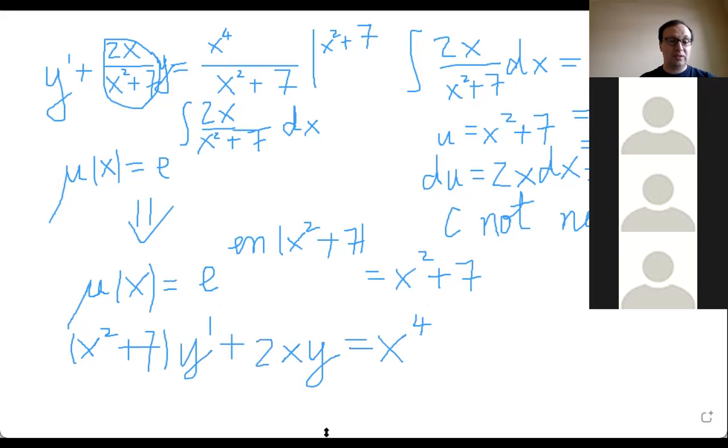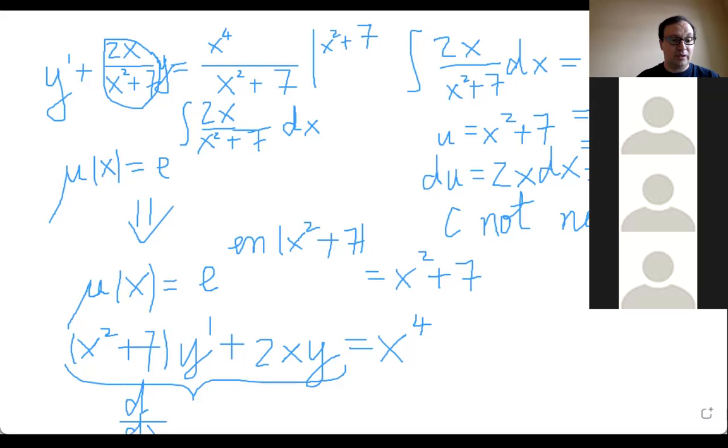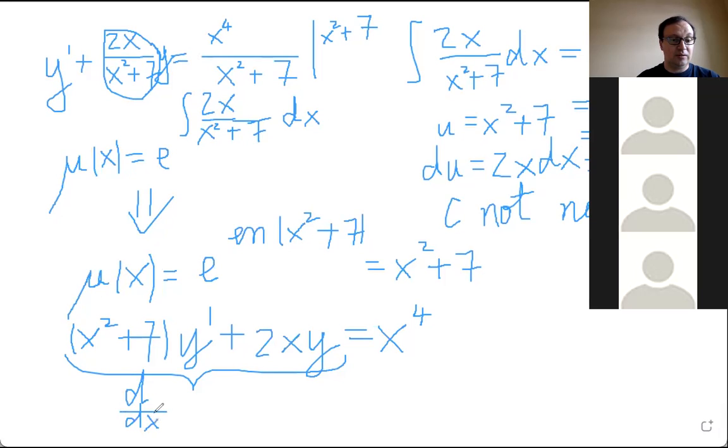We could have skipped both steps if we had recognized from the beginning that the left-hand side of this equation, as it stands here now back to the original form, is d over dx of x squared plus 7 times y.